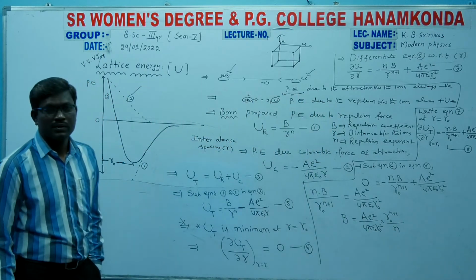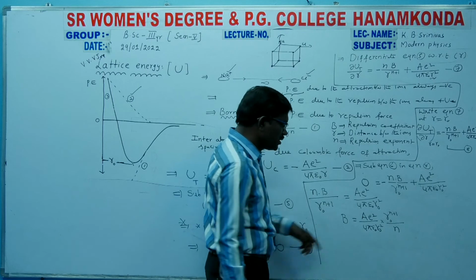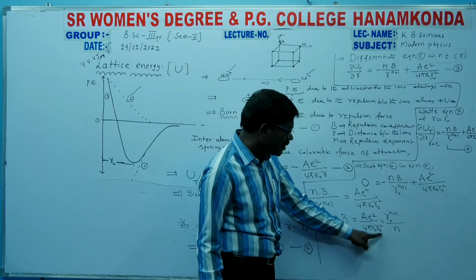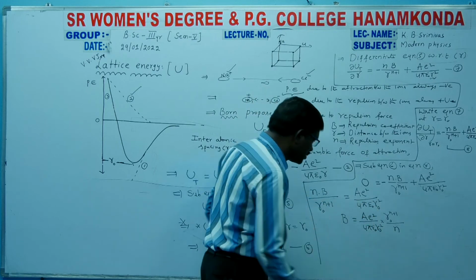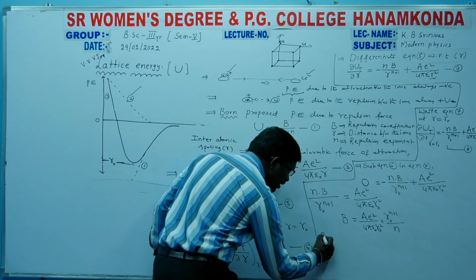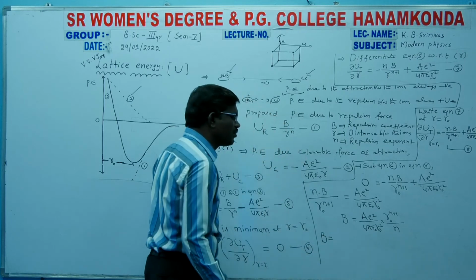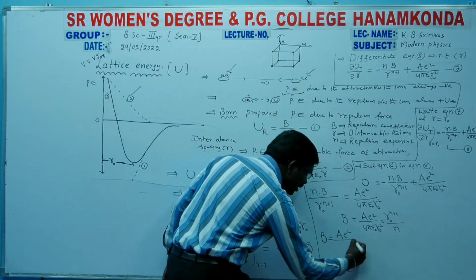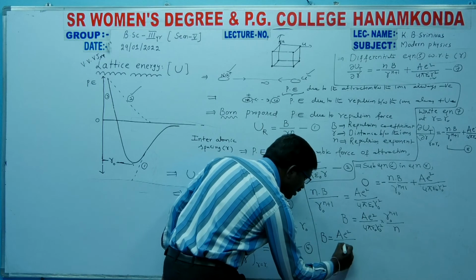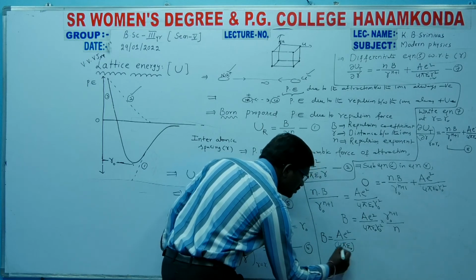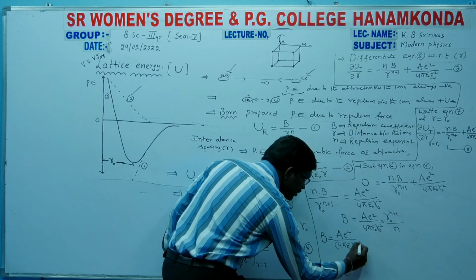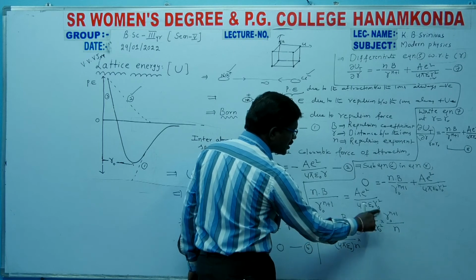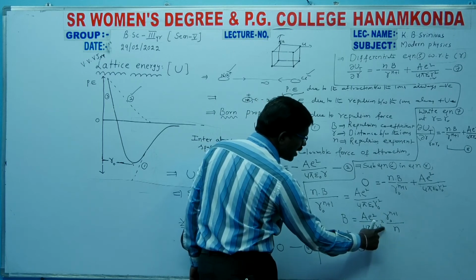Is that clear? Right. Just to take this R naught square from denominator to numerator, it becomes R naught to the power of minus 2. So our expression becomes, finally, b is equal to ae square by 4 pi epsilon naught into small n into R naught to the power of minus 2.